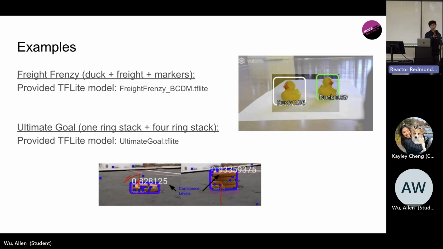So one of these examples was from the previous slide. Last year in Freight Frenzy, they provided a TensorFlow Lite model which allowed you to detect the cubes and the balls, which were the game elements last year, as well as ducks, which was also part of the game last year. These rubber ducks they had in the game, and you would be able to detect them with the TensorFlow model.